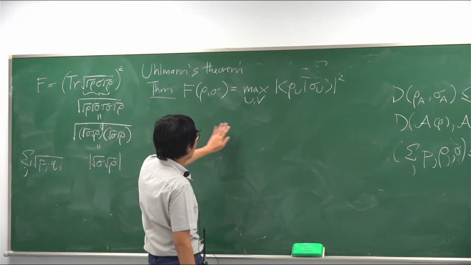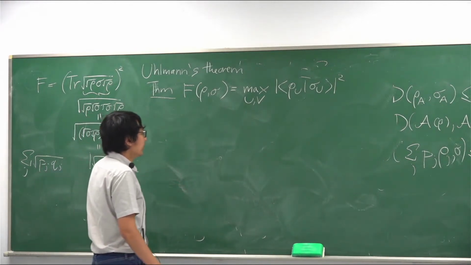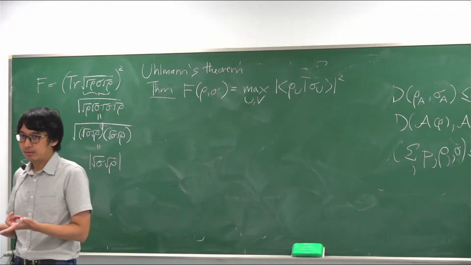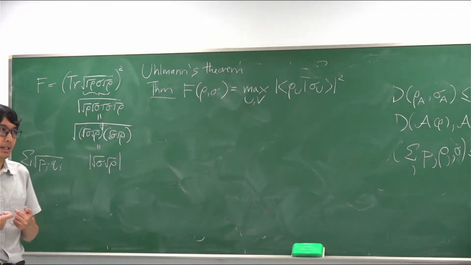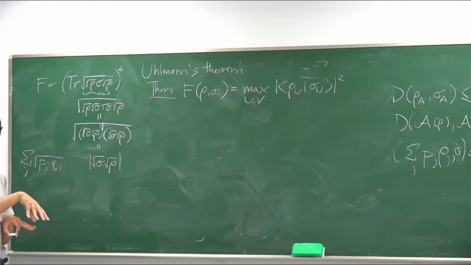So maybe let's step back and unpack it a bit. If you remember about purification, if I have a density matrix, the purification is a pure state on a bigger Hilbert space. If I trace out the ancillary Hilbert space, then I get back the same density matrix.